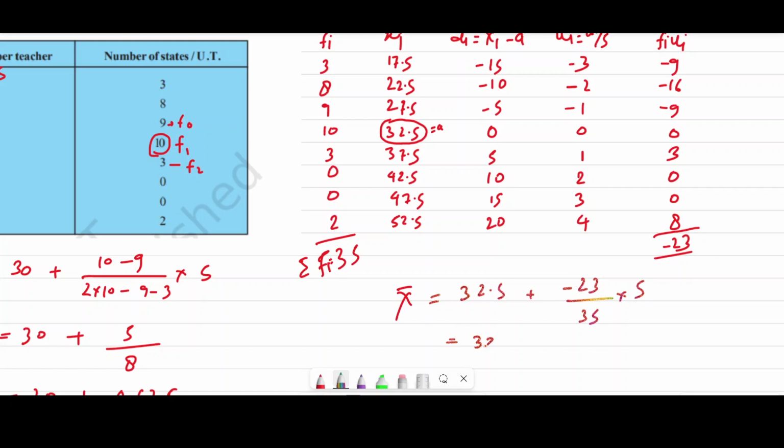After solving it, we will get 32.5. Here this is minus, so put a minus and solve this. 5 7s are 35, and if we divide, we will get 3.28. Now after solving this, we will get 29.22. This is the mean value.